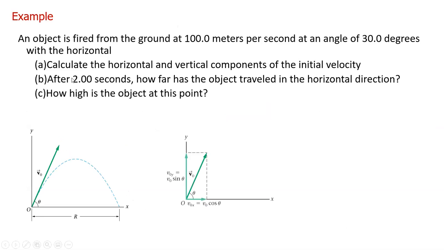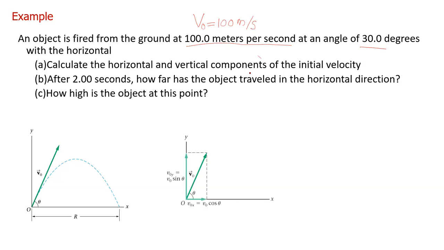All right, another problem. An object is fired from the ground at 100 meters per second. That tells me this is my V naught, at an angle 30 degrees. Very similar to the earlier problem.